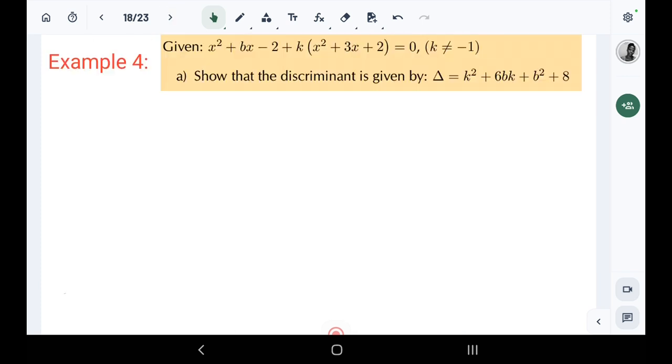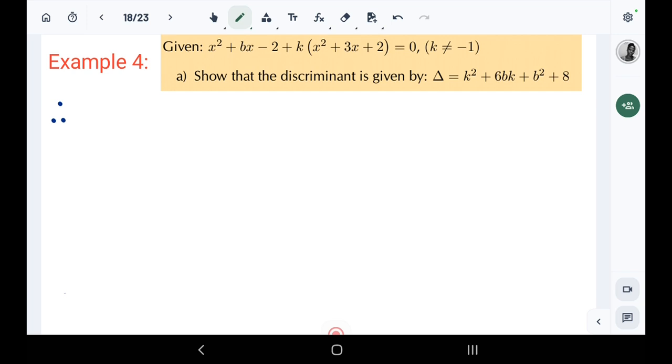Number 4, given x squared plus bx minus 2, plus k in bracket, x squared plus 3x plus 2, is equal to 0. Show that the discriminant is given by k squared plus 6bk plus b squared plus 8. So step number 1 here, you multiply out and rearrange this into standard format.